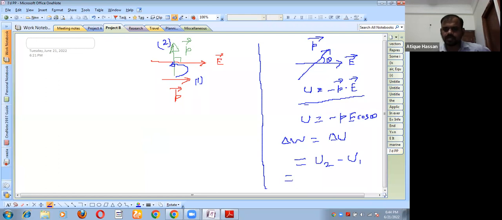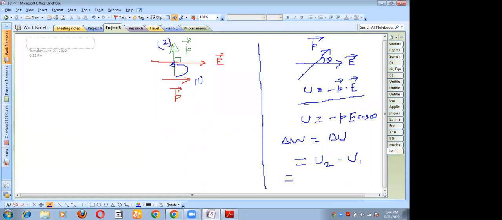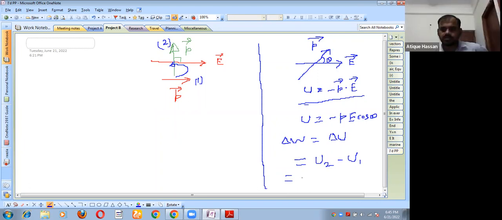Are you getting my point till now? Yes, sir. So what is the potential energy in position 2? Minus PE cos theta 2, angle in position 2, then minus of minus PE cos theta 1. Is it right?